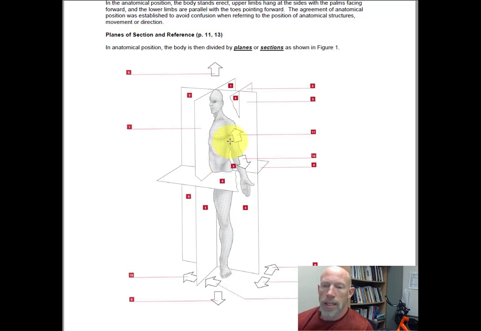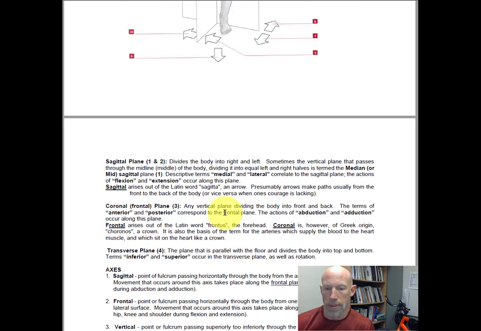In other words, it doesn't matter what position we see an arm in, either in real life or in a picture, the biceps is always going to be proximal to the forearm or the hand. The head is always going to be superior to the shoulders. It doesn't matter if somebody's in a handstand or something like that. The terms of direction and so on always come back to the standard anatomical position.